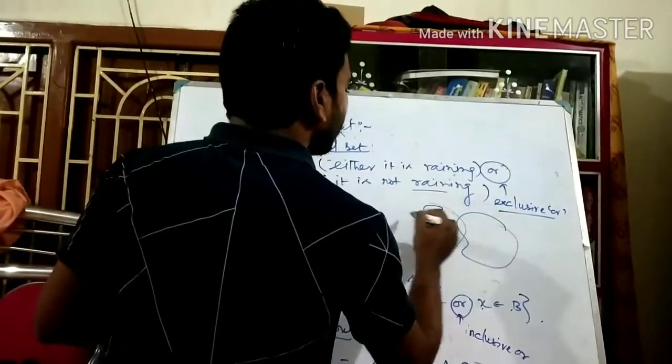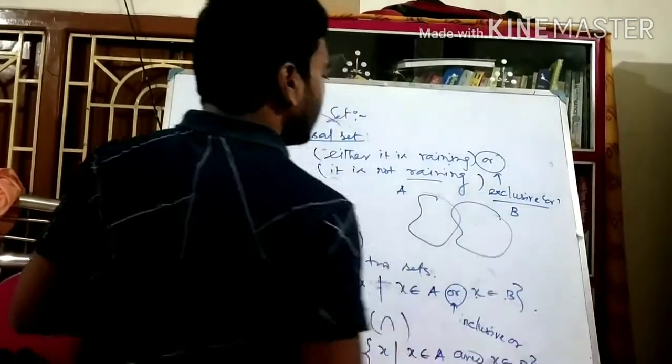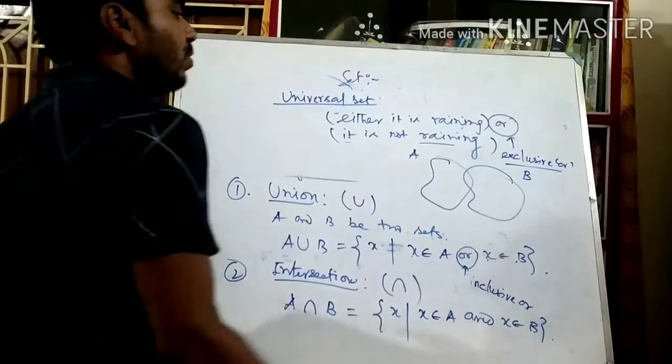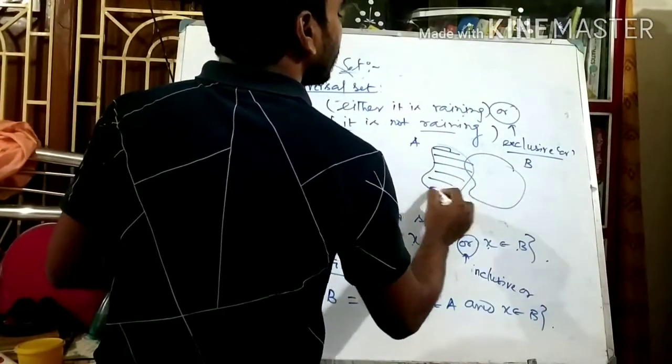So diagrammatically, suppose this is my A, this is my B. So A union B will be the whole set.